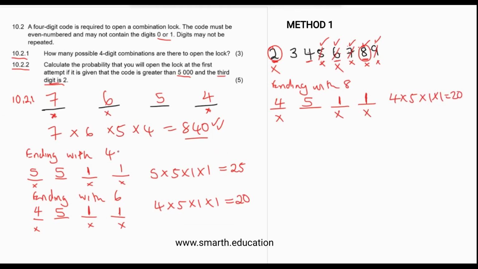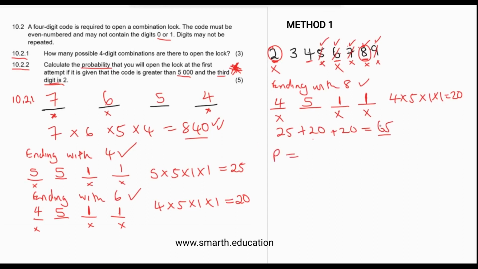So it is this situation or this situation or this situation. And remember, when it's or, we add. So the total number of combinations that meet these conditions is going to be 25 plus 20 plus 20, which is equal to 65.